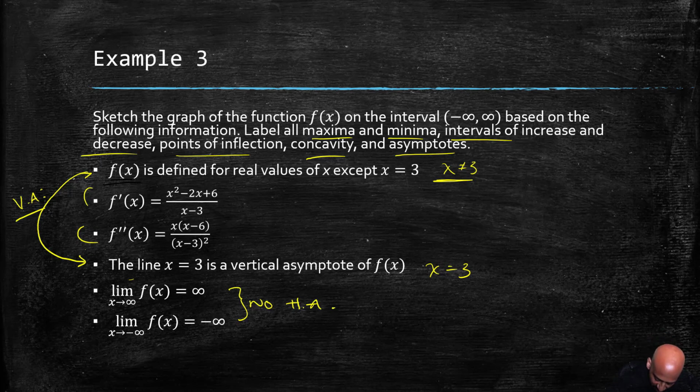Oh, what a disaster. Alrighty, so if we do the sign chart on this, and maybe I'm not giving myself enough space, but this is the idea. At 3, we're going to have an undefined. So f prime of x is undefined at x equals 3. And f prime of x is equal to 0 where?